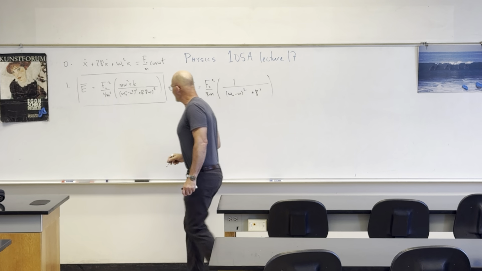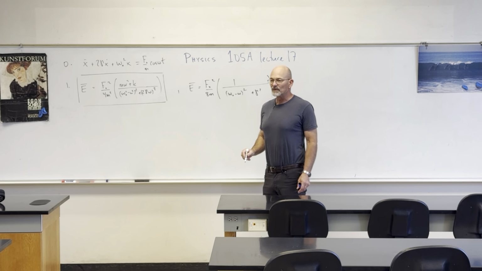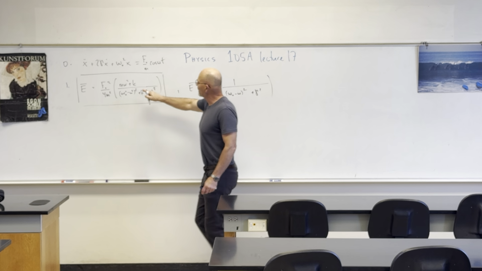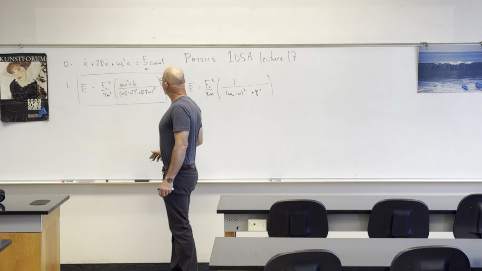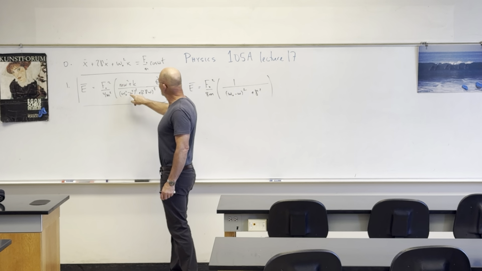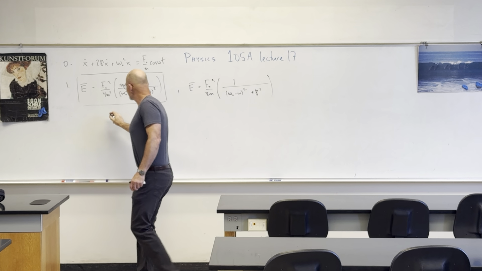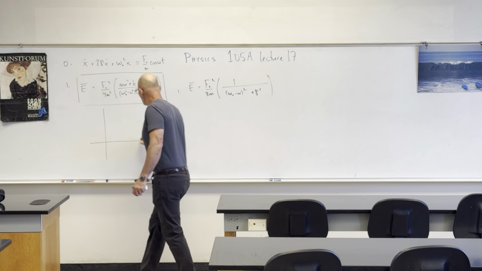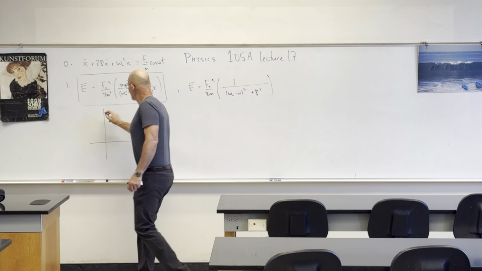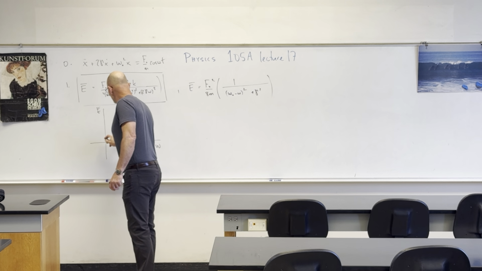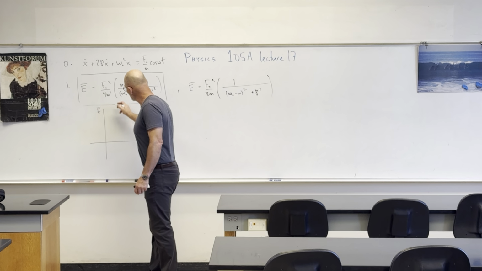And the structure of this, since we'd already studied the amplitude resonance, we can see that for omega equals 0, you're going to have some constant value because you've got that omega naught squared there. Okay, so here's the function of omega, the energy.